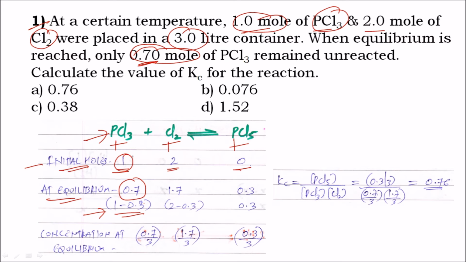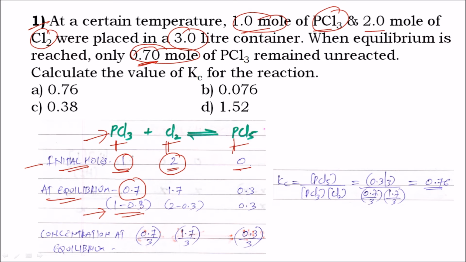Now 0.3 moles reacting means we can easily write it for Cl2 also. Cl2 has 2 moles initially. As I said already, the ratio is 1:1:1, so 1 mole of PCl3 will react only with 1 mole of Cl2.